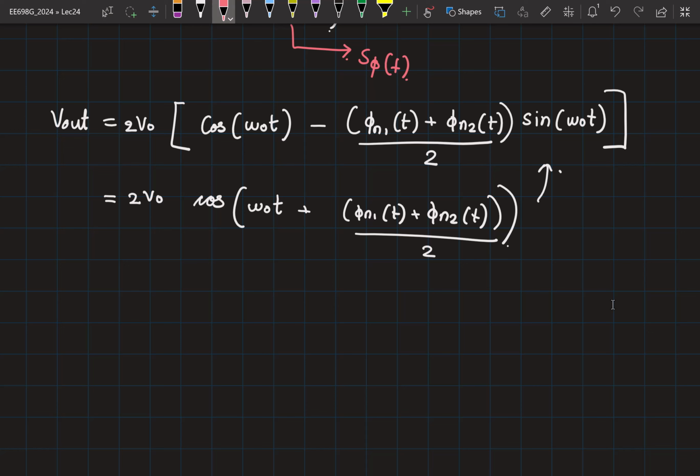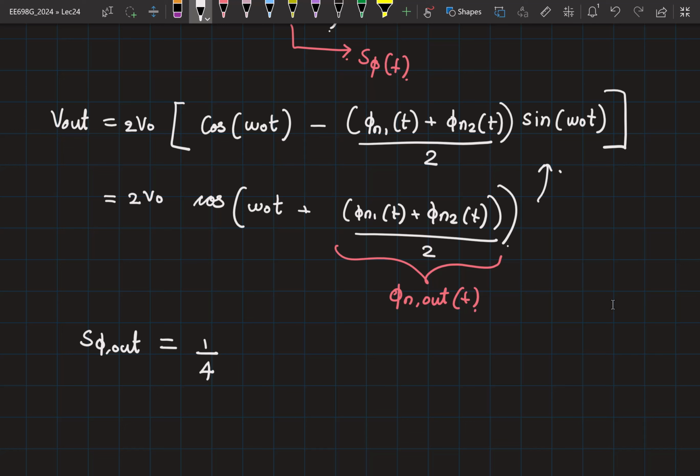Now, this portion is the phase noise in the output. I need to take the PSD of that. So this 1 by 2 will give you 1 by 4. This is in magnitude, so you need the power.